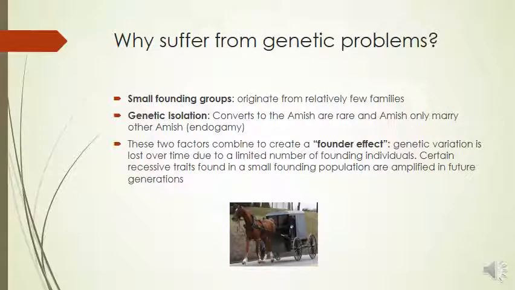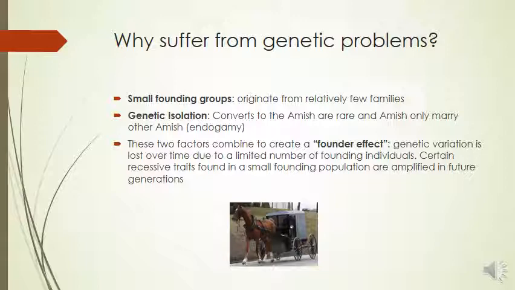If we look at why the Amish suffer genetic problems, we can look at some factors. The first factor is small founding groups. Individual Amish communities typically originate from relatively few families. Almost all of the Amish in Lancaster County, for example, originated from a few dozen 18th century immigrant families. The second factor is genetic isolation. Converts to the Amish have been very rare, and the Amish only marry other Amish.